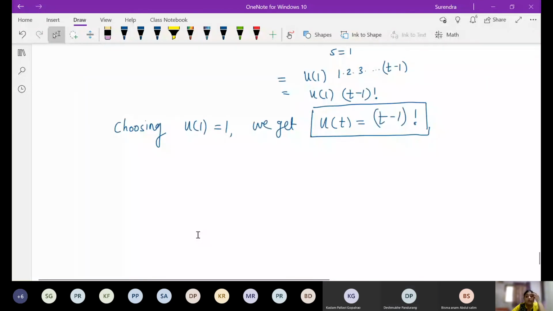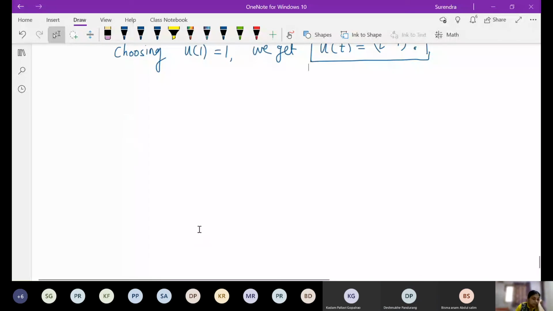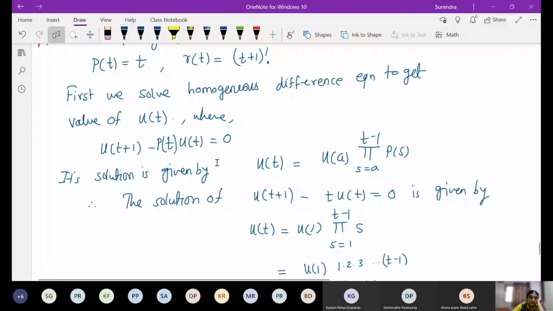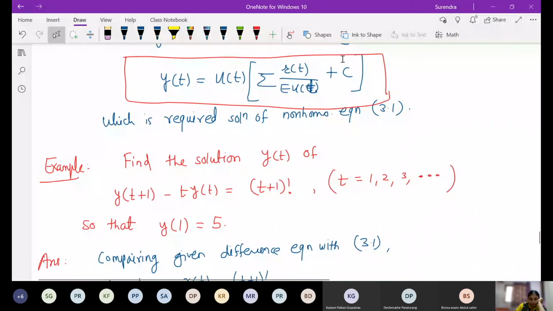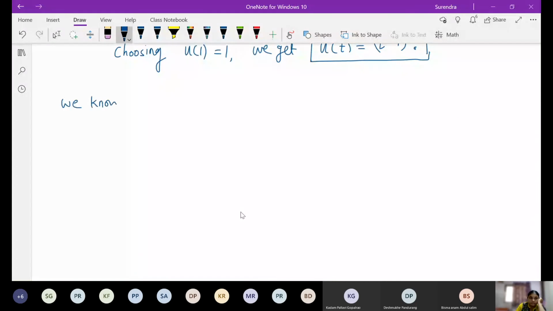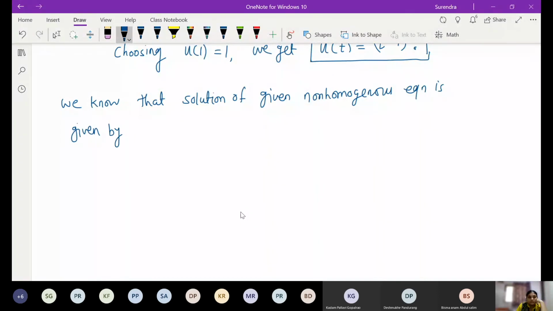Now I want to find the solution of the non-homogeneous equation. Now we got u_t, and we know that the solution of the given non-homogeneous equation is given by y_t equals u_t times the summation of r_t divided by u_t, plus c.